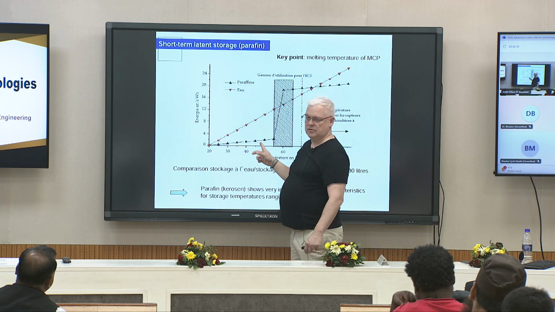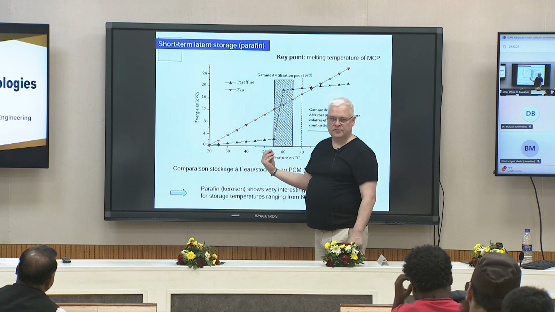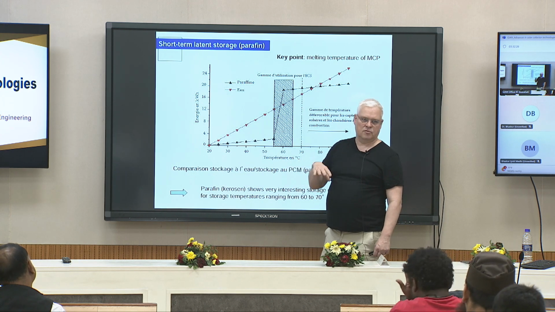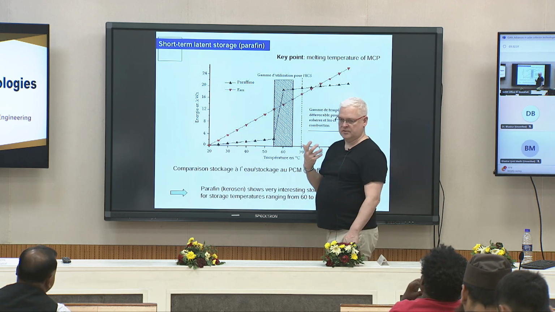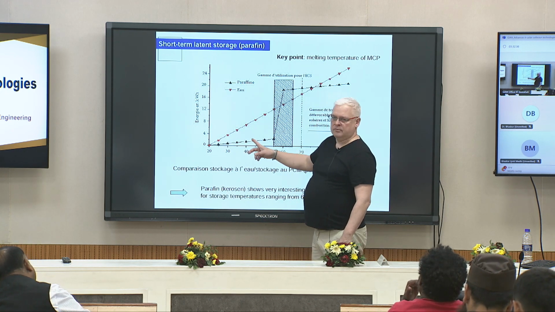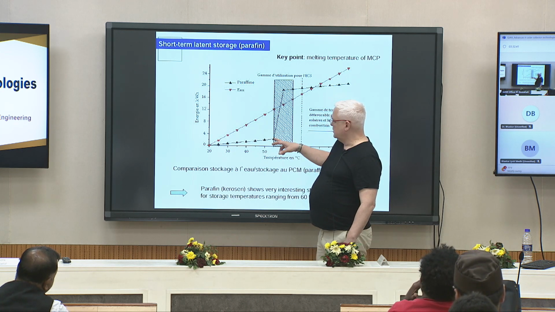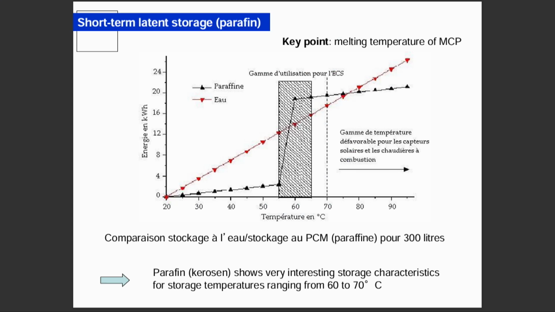If I have a phase change material, usually the heat mass of the phase change material is not as good as the water. Okay, it is lower. Water is a very good material, with the density and the heat mass being very good. So you are starting lower, but you are heating your solid. Then at a certain point, you store more due to phase change, and then you continue.